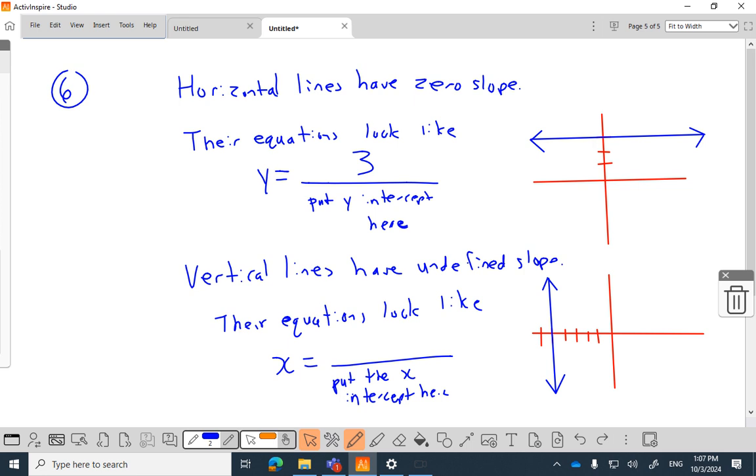What's this one's x-intercept? Negative 5. Yeah, so those equations are very weird looking. And that's why it's on the study sheet, so you can look at it and be ready for vertical lines when they appear.